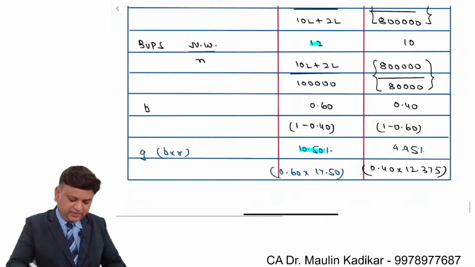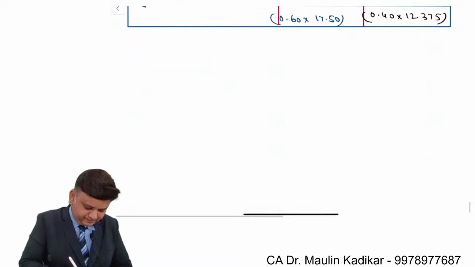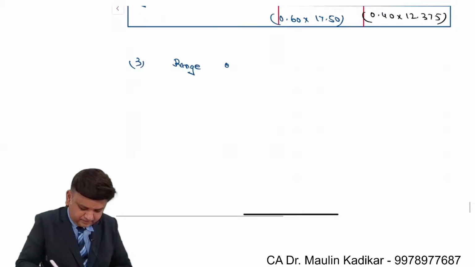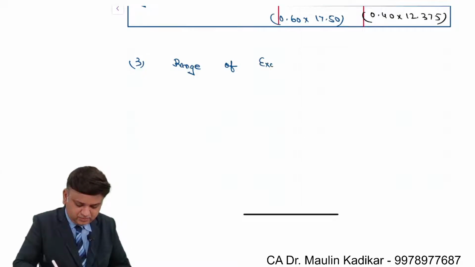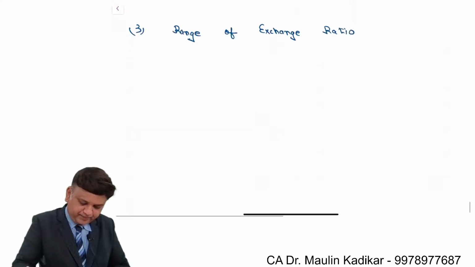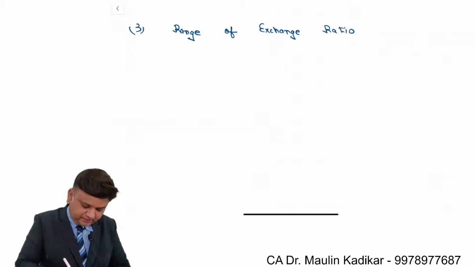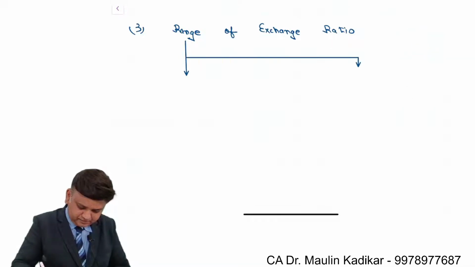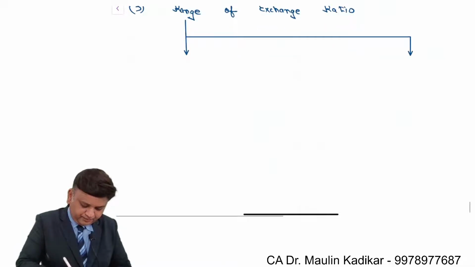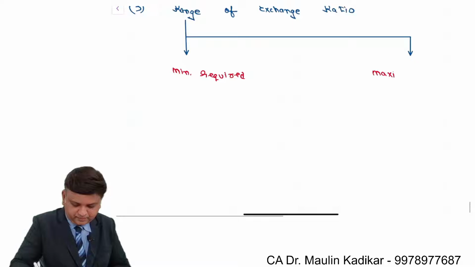So write down the answer for the third part of the question. Range of exchange ratio. In that, write down minimum required and maximum affordable.